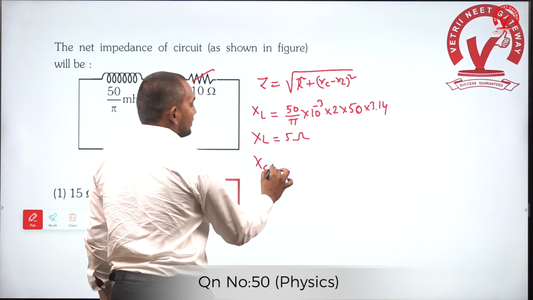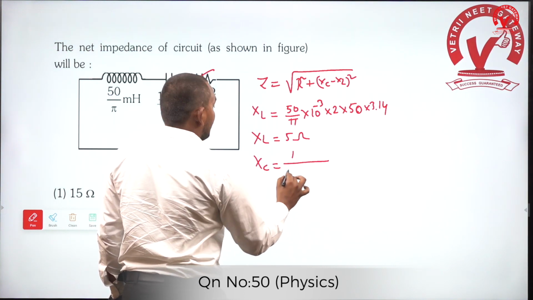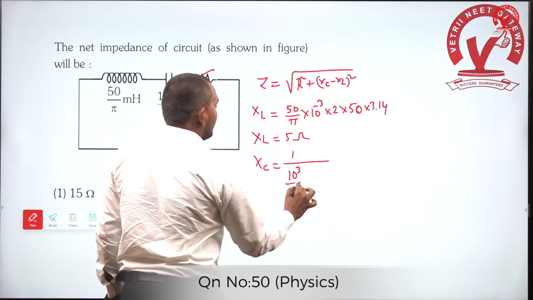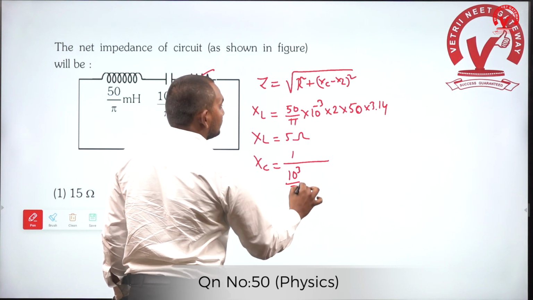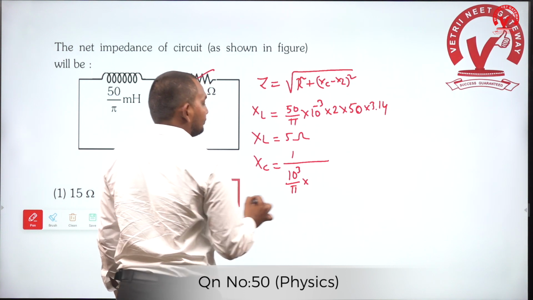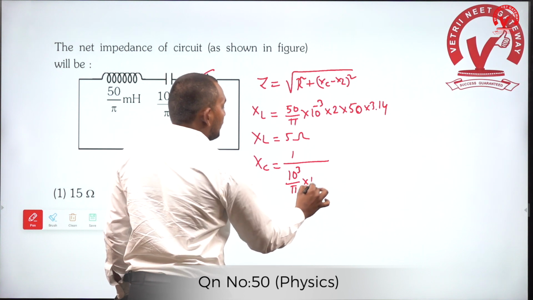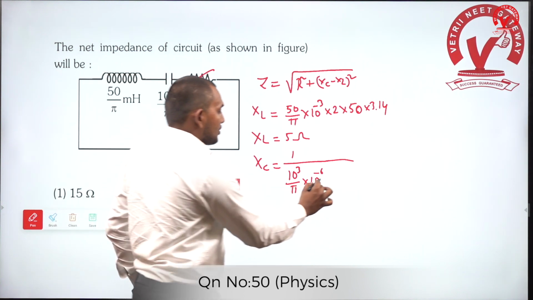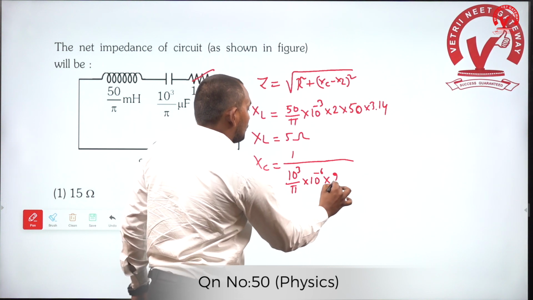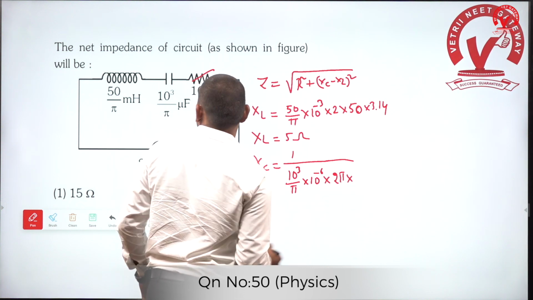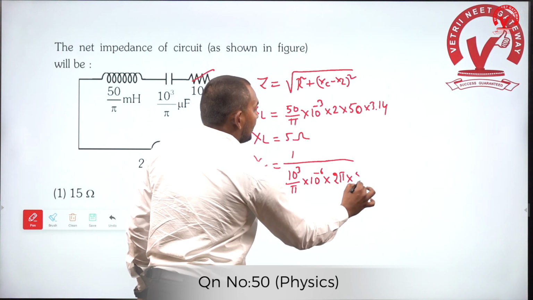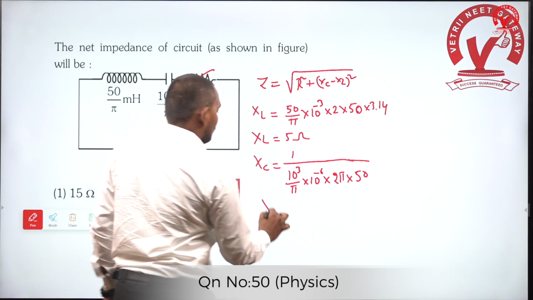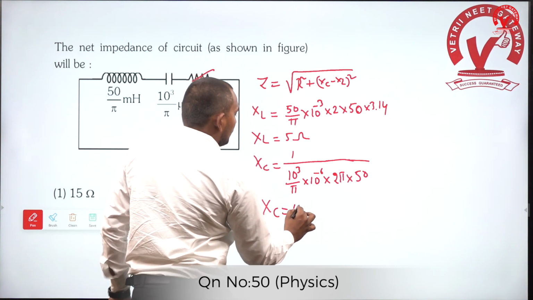And XC is equal to 1 divided by 10 cube by pi into 10 power minus 6. Micro they have given, we have to convert. Then 2 pi into frequency, how much? 50. So XC is equal to 10 ohms.